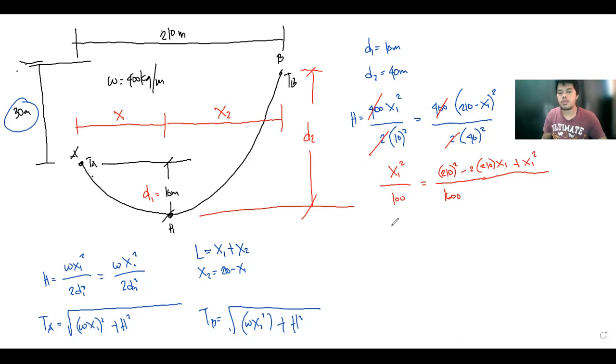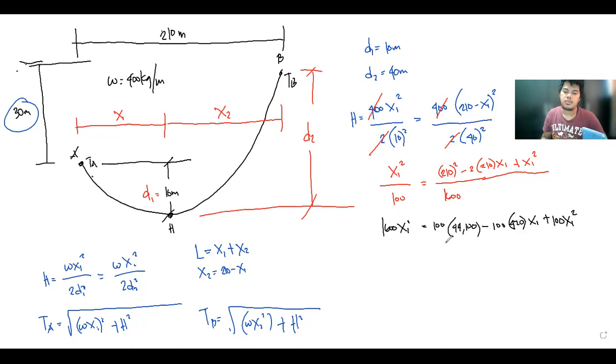Try to cross multiply. That gives us 1,600 x1 square, equivalent to 100 times 210 square, that's 44,100, minus 100 multiplied by 420 x1, and then you have there 100 x1 square.